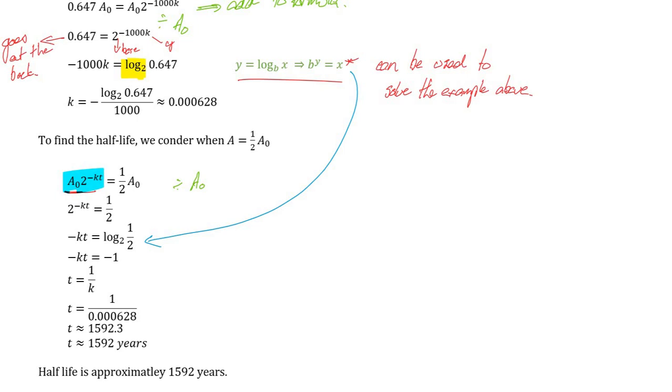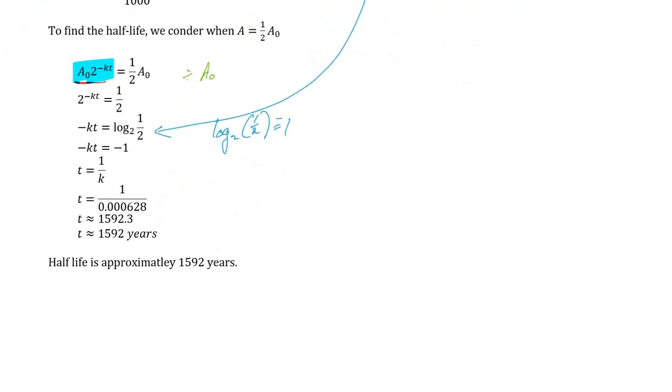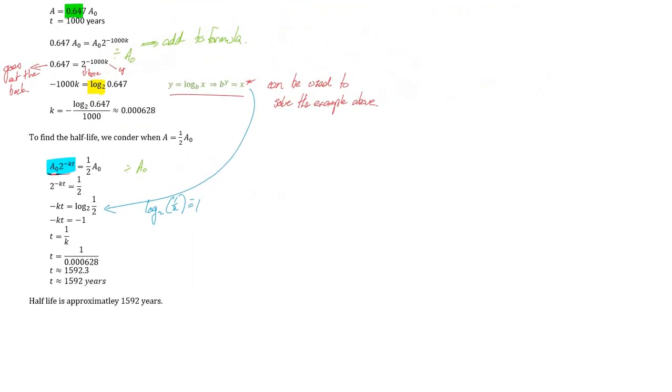Okay, and log base 2 of 1/2 equals, sorry, -1. You can use your calculator to solve that. Then we solve for t, get the equation in terms of t, plug our numbers in, and we get our answer. So the half-life is approximately 15.92 years for radium-226.